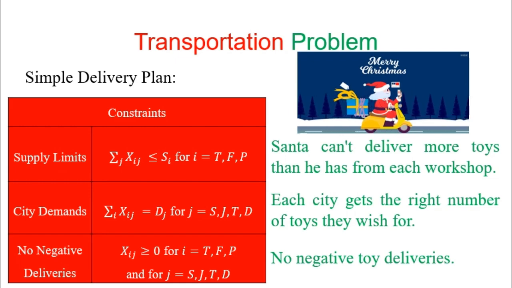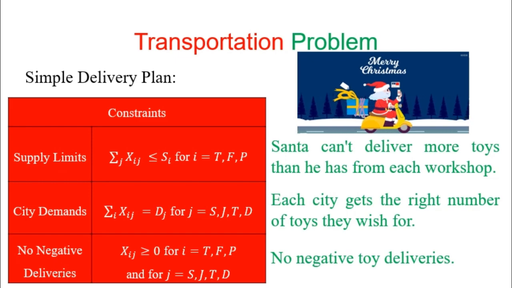Let us see how. Whenever you are supposed to meet the demand, you must ensure that the supply is sufficient, right? Because you cannot go overboard if you are to do a delivery. You cannot deliver more than what you are producing and supplying, isn't it?